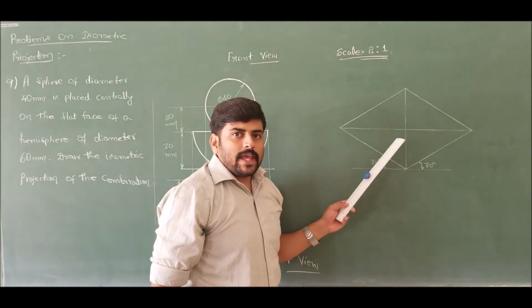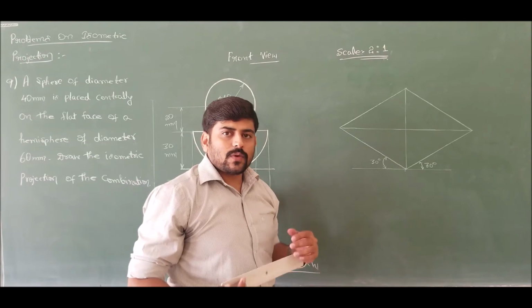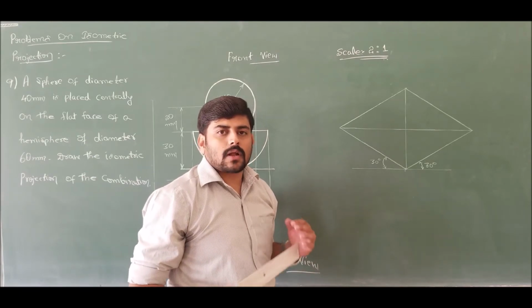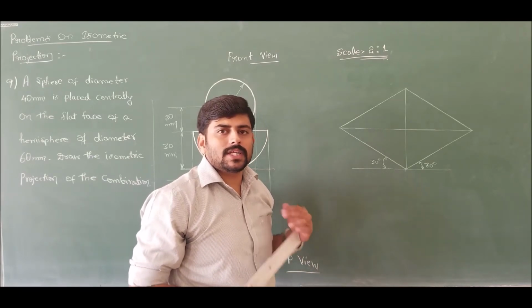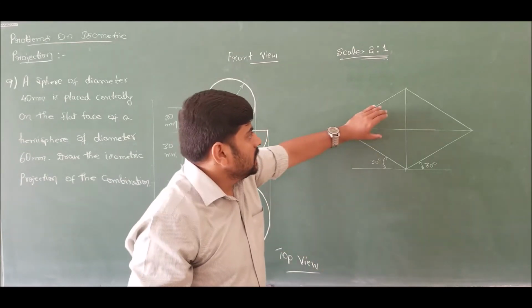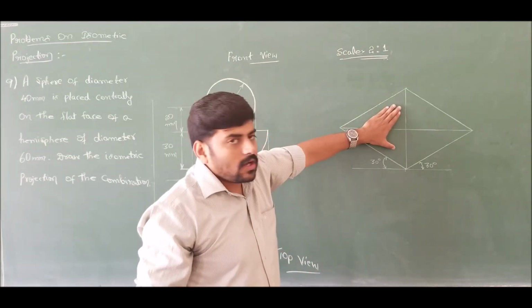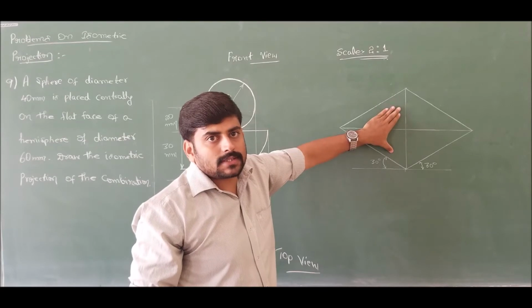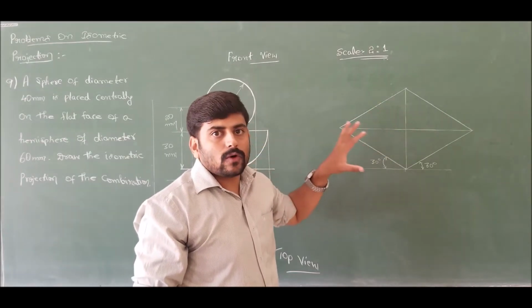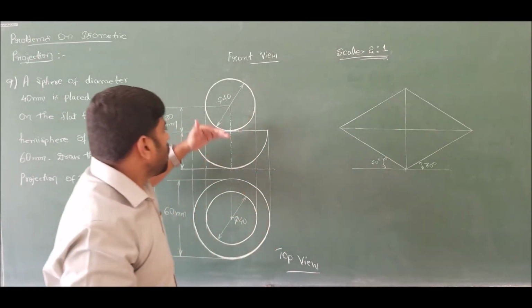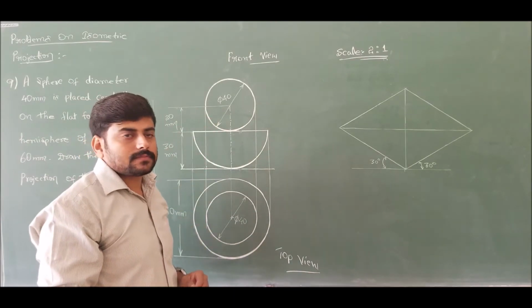This completes the isometric projection of a square of side 6 boxes cross 6 boxes in an isometric sheet. Now, inside this square of 6 boxes cross 6 boxes, construct the circle by the 4 center method to represent the top face of the hemisphere.